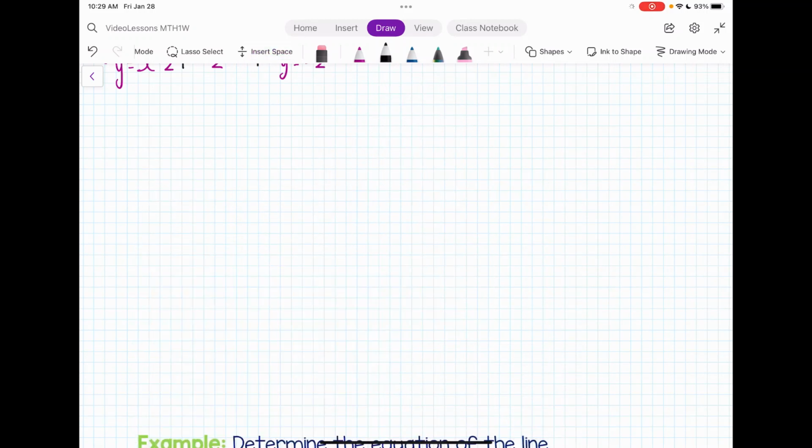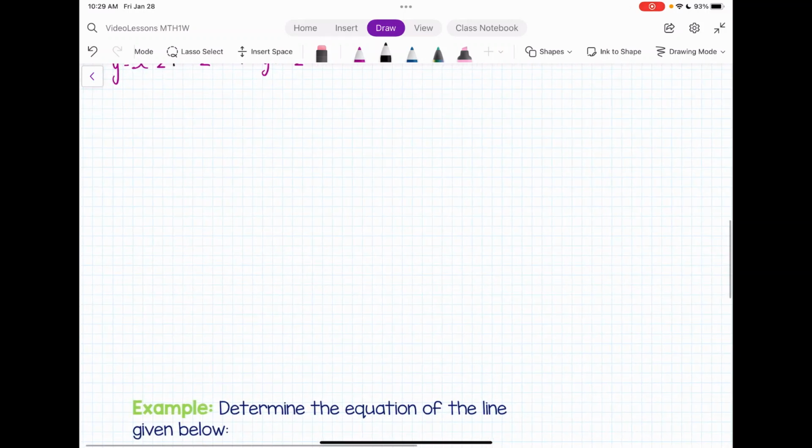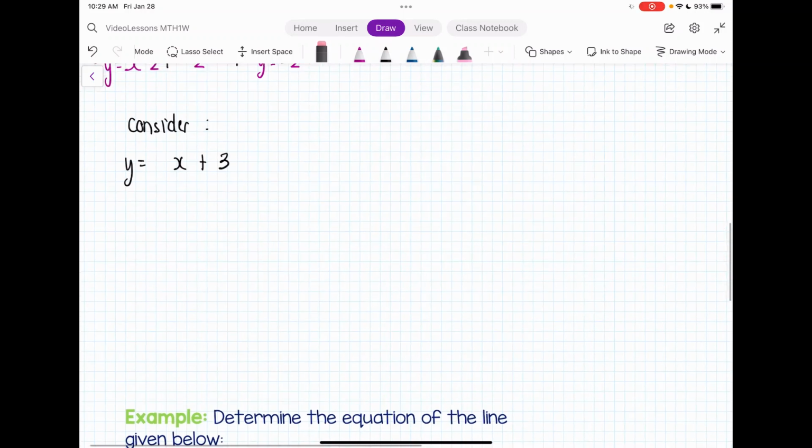of lines. And we're going to look at, let's do y equals x plus 2.